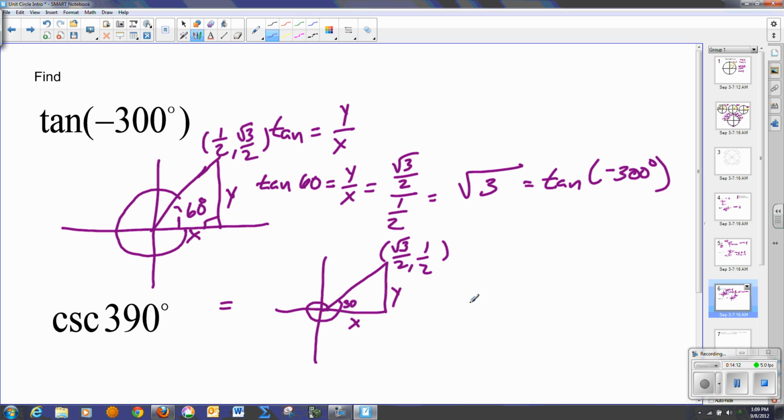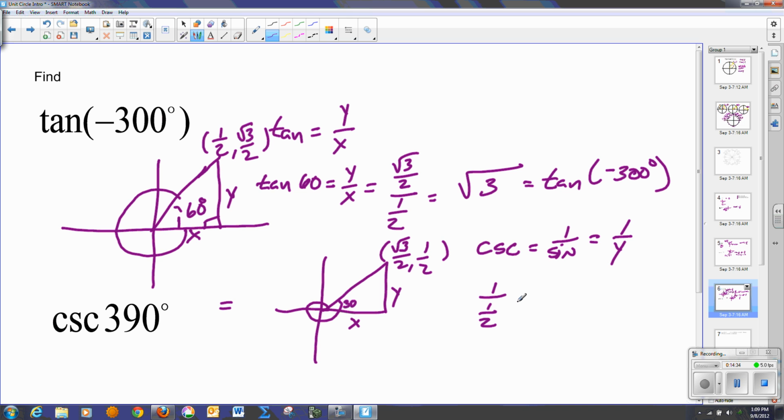We just said we're looking for the cosecant, which we know is 1 over the sine value, or in this case, 1 over my y value. So all I have to do is find my y value, which in turn is a half in this case.